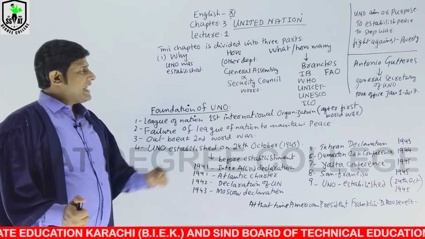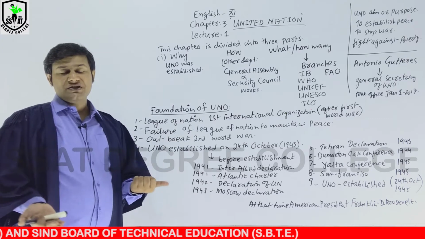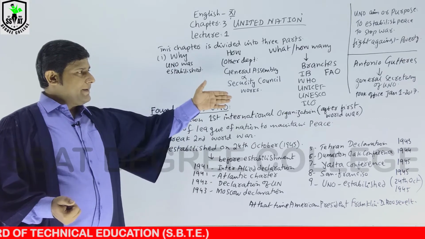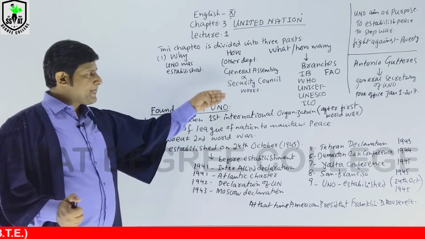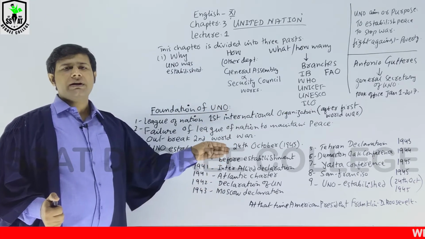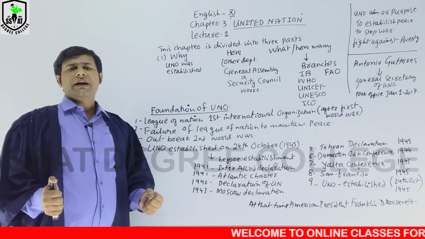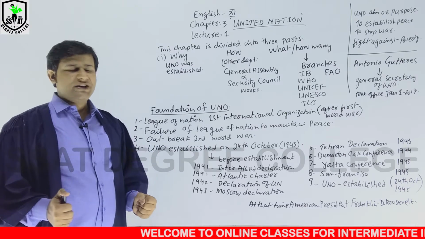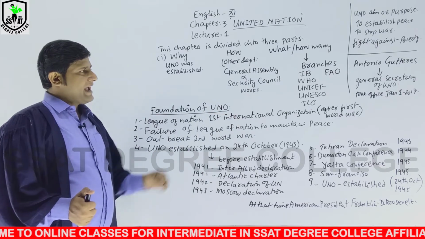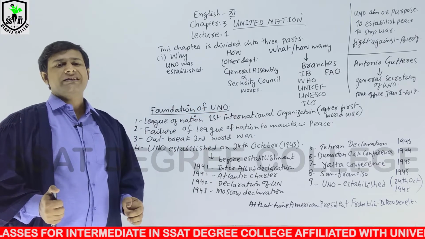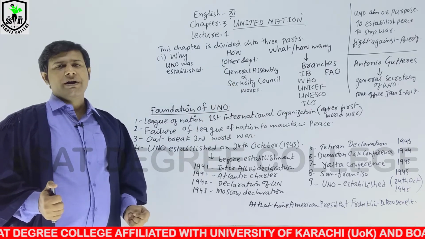And how many branches are working, like IB, International Bank, WHO, World Health Organization, UNICEF, United Nations International Children Emergency Fund, UNESCO, United Nations Educational, Scientific and Cultural Organization, ILO, International Labour Organization, FAO, Food and Agriculture Organization. All of these are the branches of the UNO.